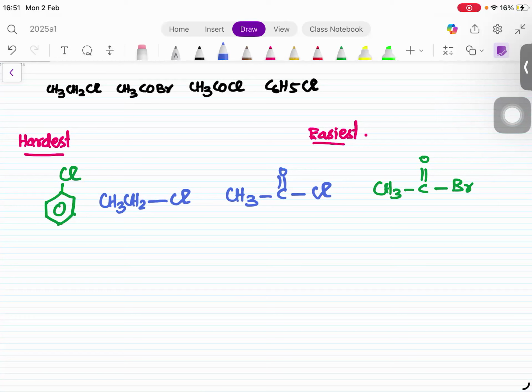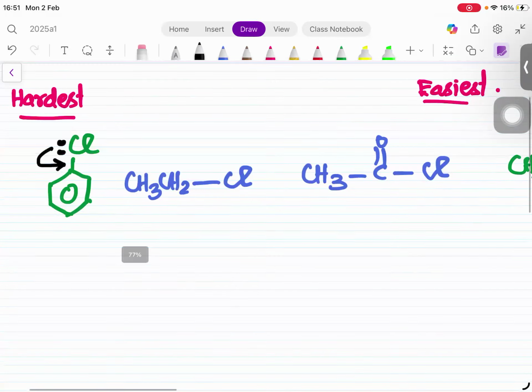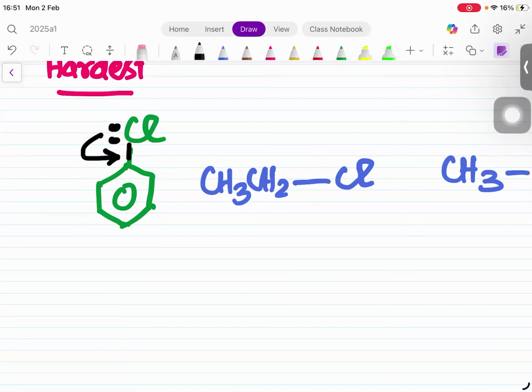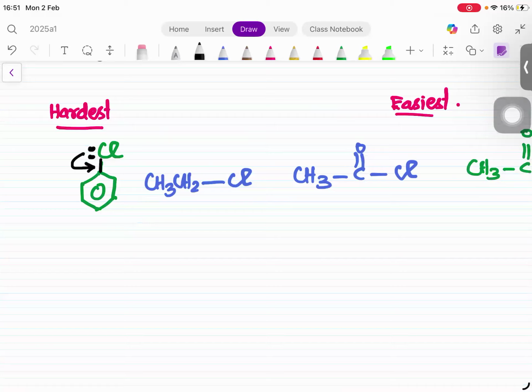Okay, now why hardest? Here you are correct. Why it's hardest? Because in chlorobenzene, the lone pair of electrons is passed towards the benzene ring. When it goes towards the benzene ring, this C-Cl bond is going to be stronger, behaves like a kind of double bond, right? So it's very much harder to substitute this. Is it right?